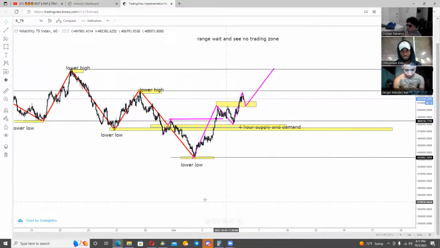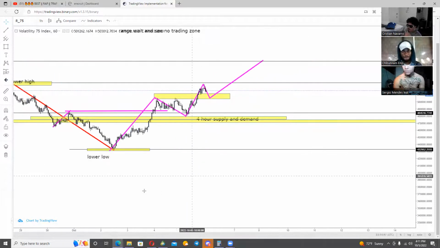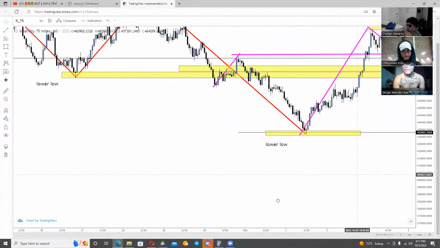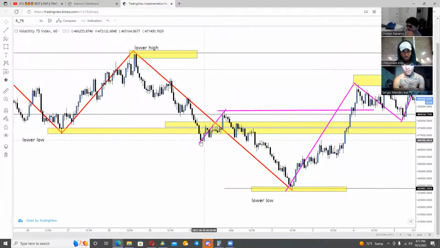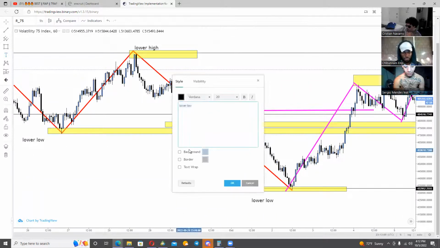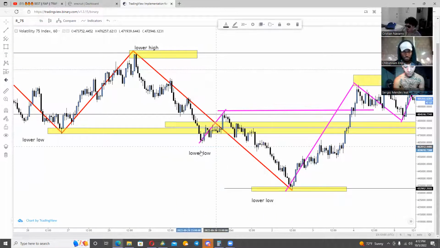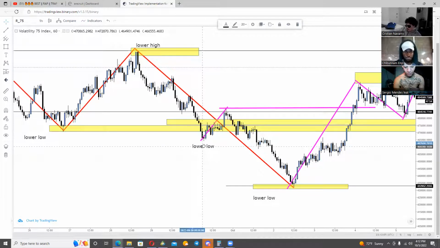So here we go. We had a break of market structure by seeing this little pullback. This little pullback here, I'm not gonna lie to you, it could have been a lower low right here, but it wasn't really valid because it's only a couple pips away.